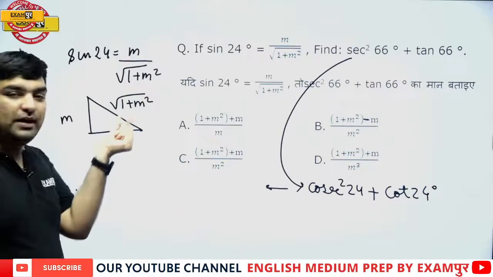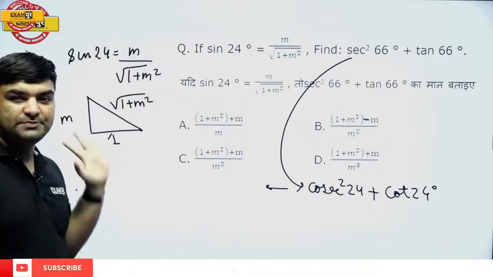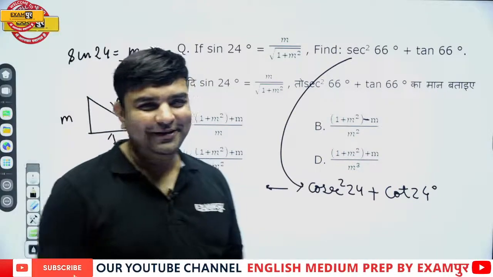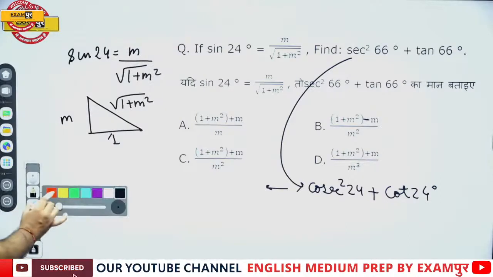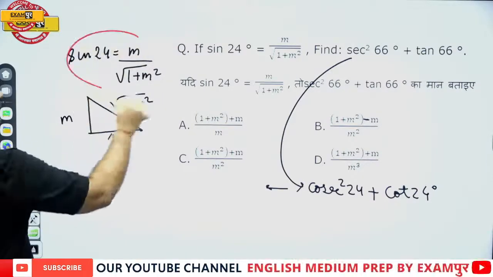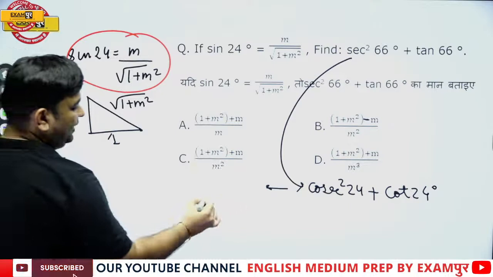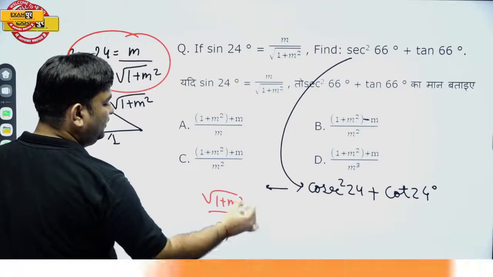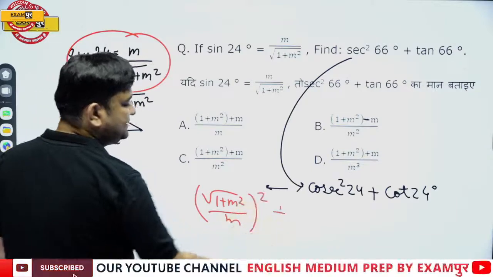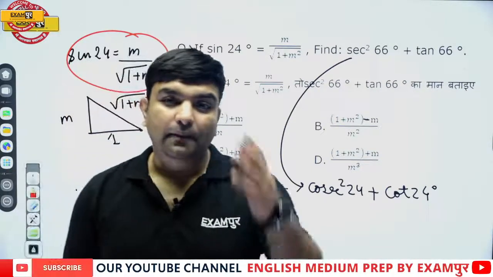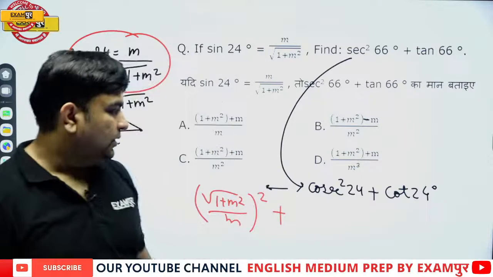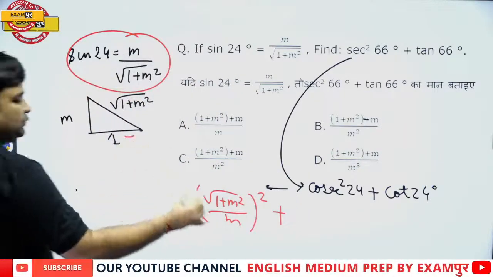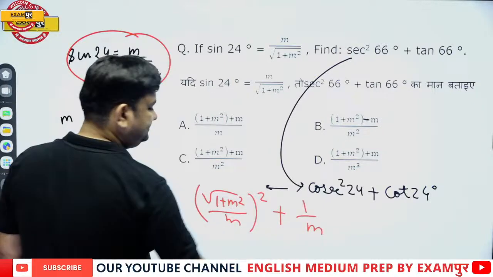So cosec is the inverse of sine already. Under root of 1 plus m square over m, whole square. And cot is base upon perpendicular. Base is 1, perpendicular is m.